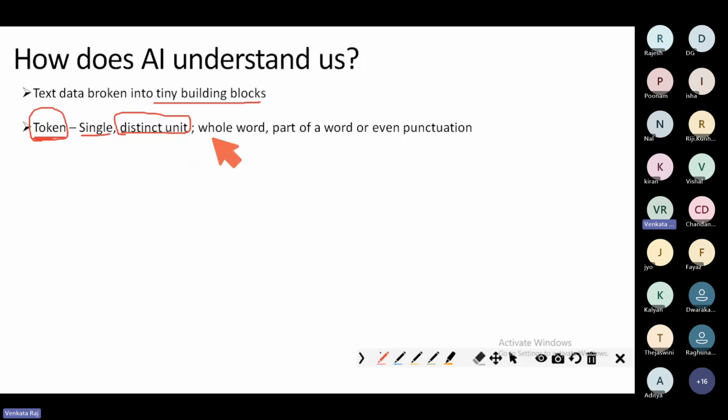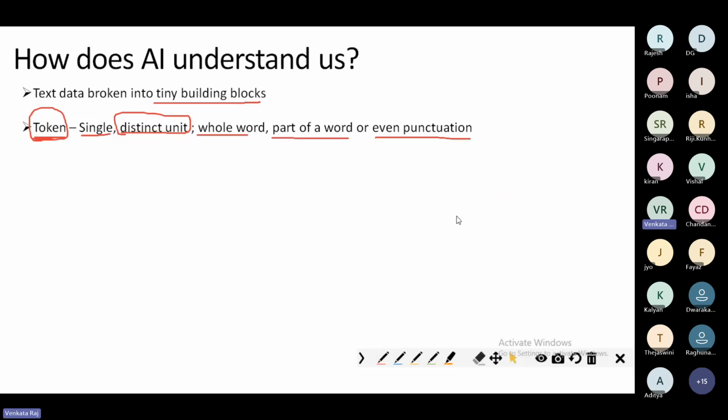Now this token can be a whole word, depending on the input you are providing. It can be part of a word, or it can also be a punctuation mark, guys. For the GPT model, it is the smallest unit which makes sense. Clear, everyone?